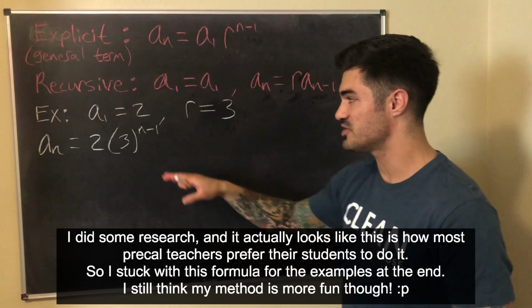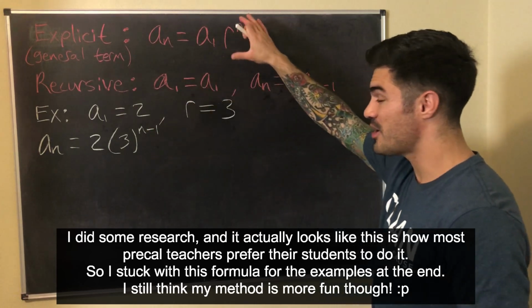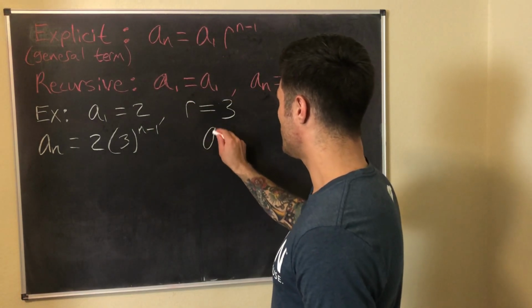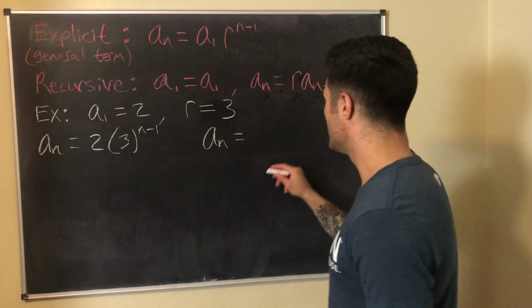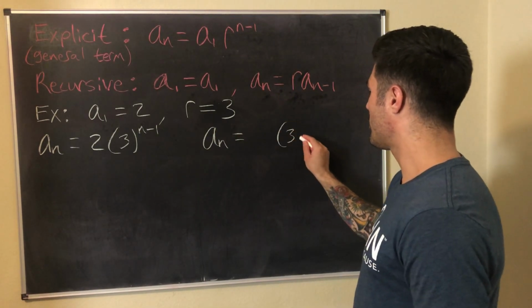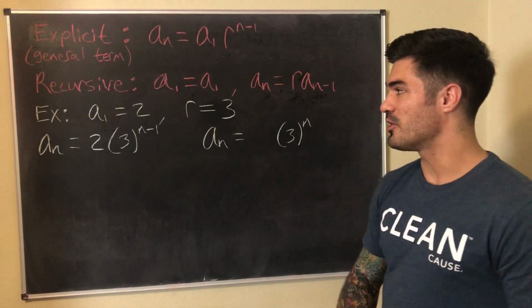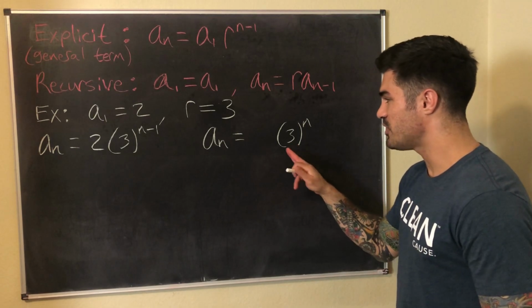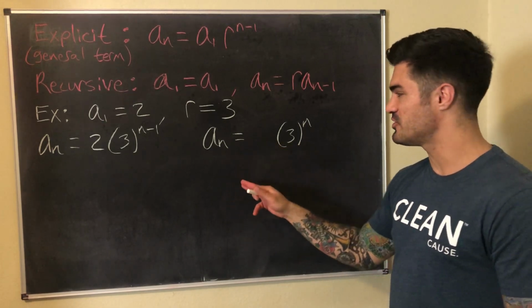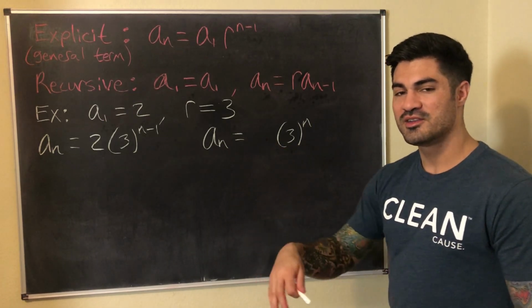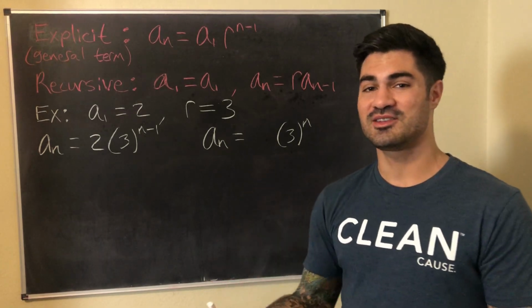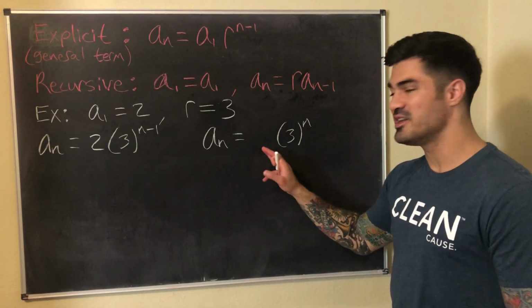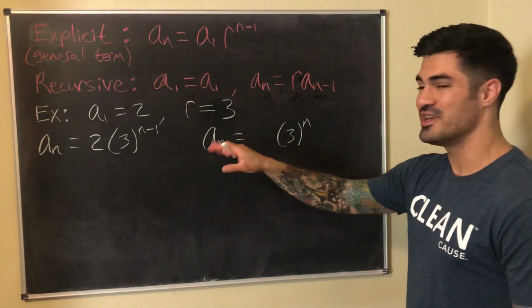So you literally just plug this stuff in and you get it as long as you remember this formula. The way I like to do it is I like to think about, similarly to what I did with the arithmetic sequence, okay, well I know r is going to be to the n power, and I know my first term is going to be 2. So what do I need to multiply this by to make sure that my first term is 2, right? Similarly to how I did the arithmetic sequence, I thought about what I needed to add or subtract. Now I'm thinking about what I need to multiply here to make sure that my first term is 2.